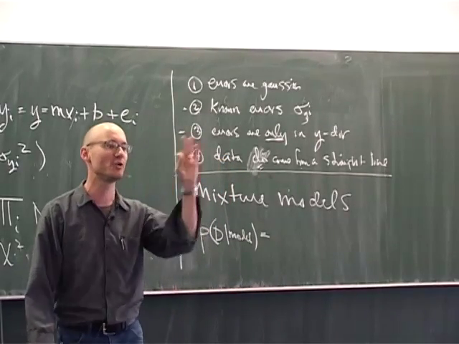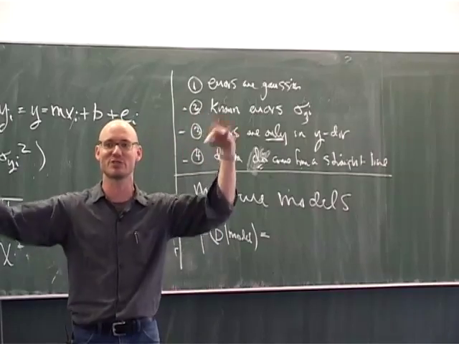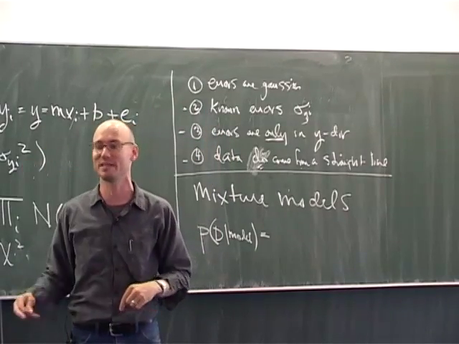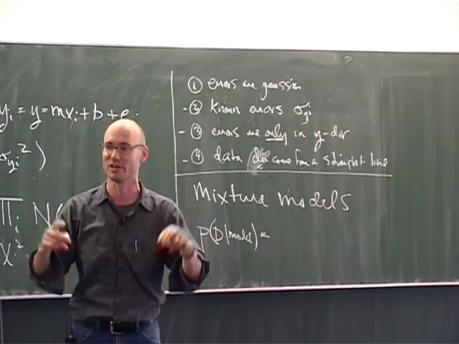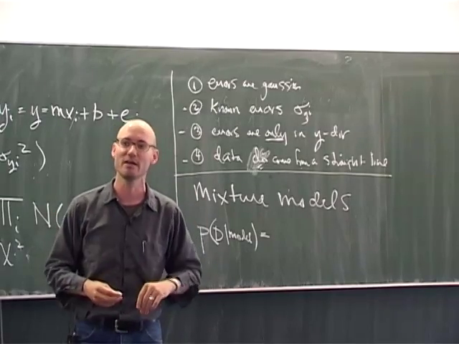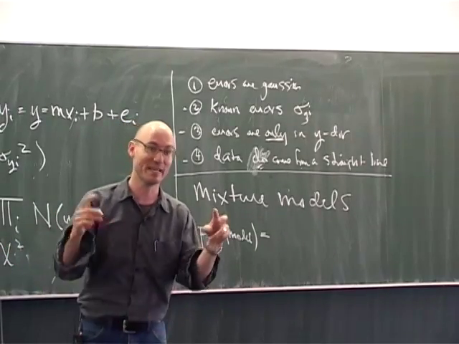If you have two probability distribution functions which you add together to make a new probability distribution function, that's called a mixture in the business. Don't ask me why. It should be called a sum. It's called a mixture.